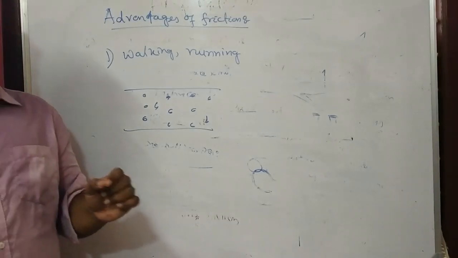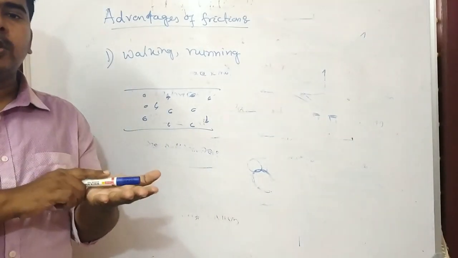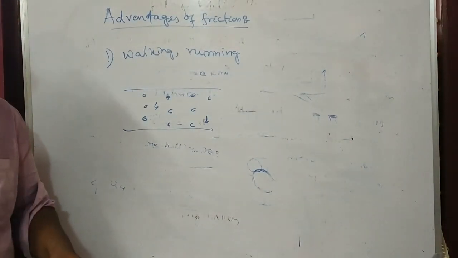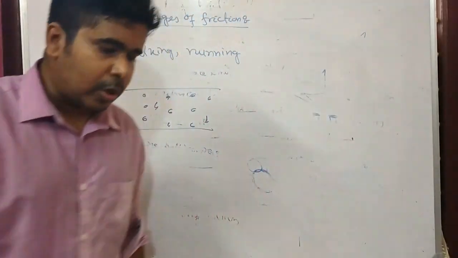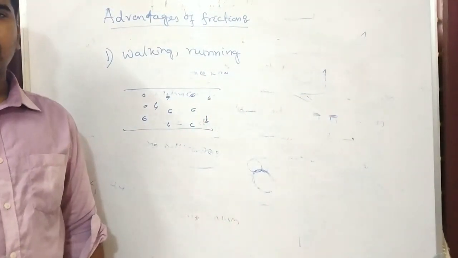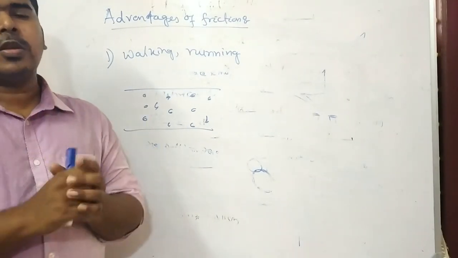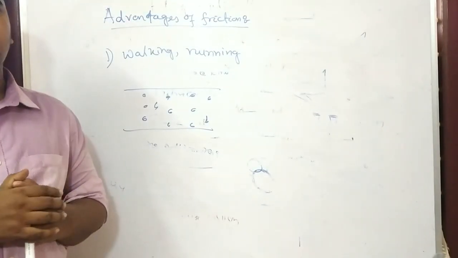Yes, friction slows down the motion when you want to slide an object over a surface. But whenever you have to walk, you just walk properly like this, you do not slide over the surface. If you want to slide, then friction reduces your motion. But if you want to walk, then friction is needed.